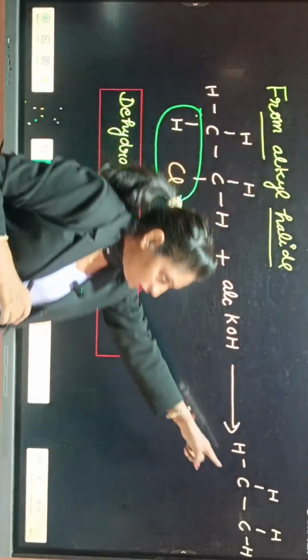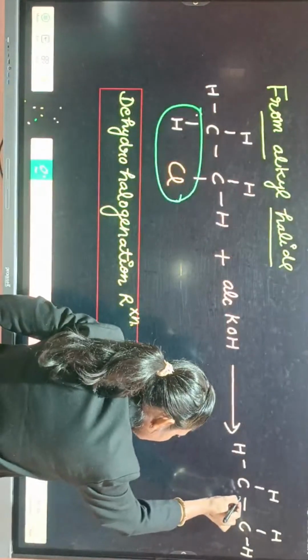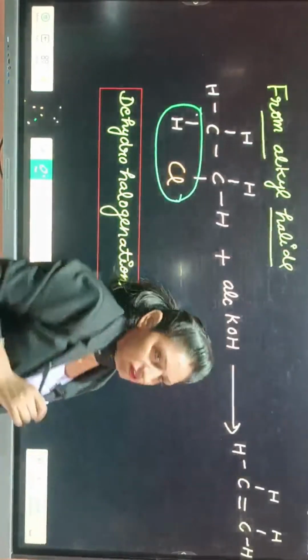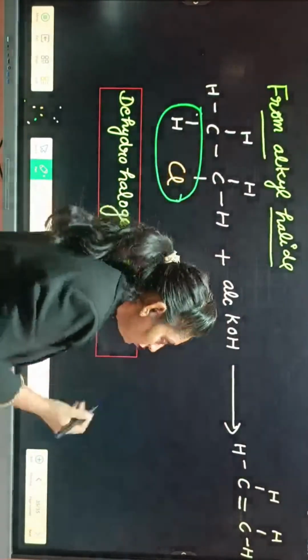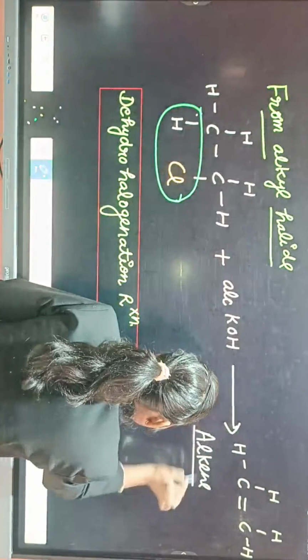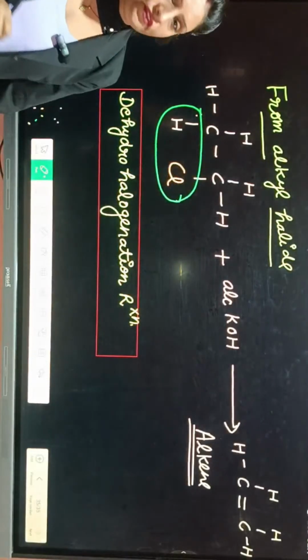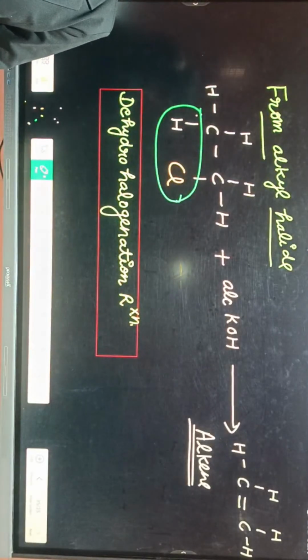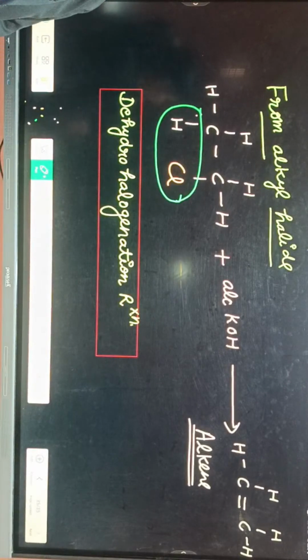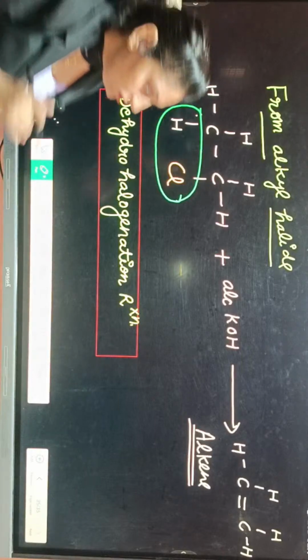But the carbon valency is only 3 completed, and it needs 4, so a double bond forms. It means we can get alkene by dehydrohalogenation of the alkyl halide. Clear or not?